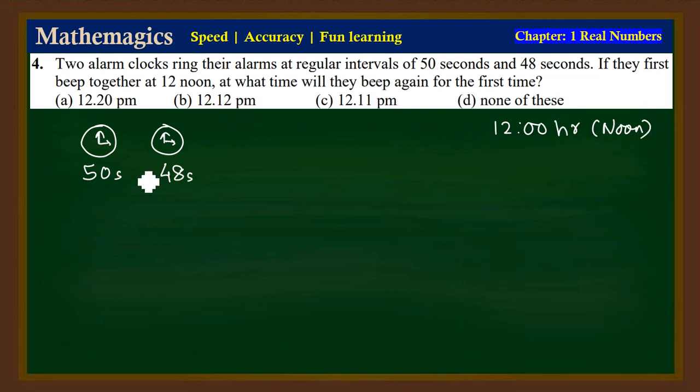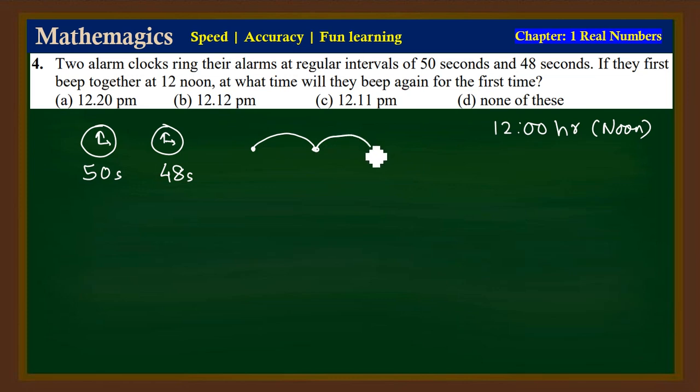So dear friends, with 50 and 48, after a particular interval they will ring, and the ringing will not stop. After a fixed interval, again and again, they will ring.